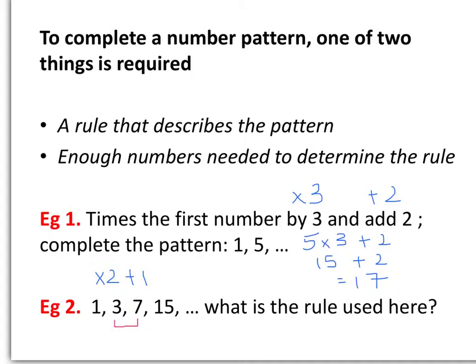So we take our second number in the pattern, 3 times 2 is 6, plus 1 gives us 7, so that one does work. Now just to make sure we found the right pattern, we're going to try it with the last two numbers. So 7 multiplied by 2 is 14, plus 1 is 15. So we figured out that the rule is the first number multiplied by 2 plus 1.